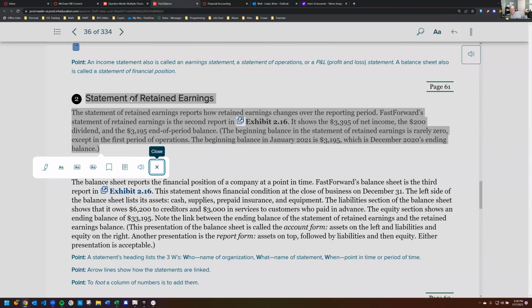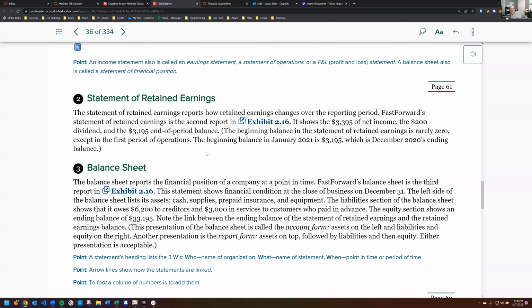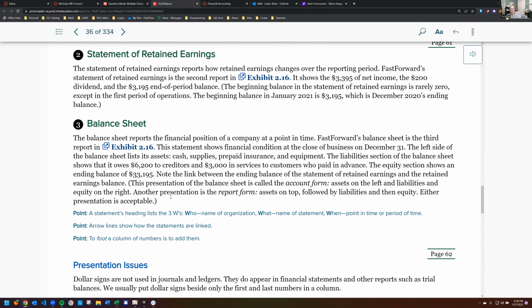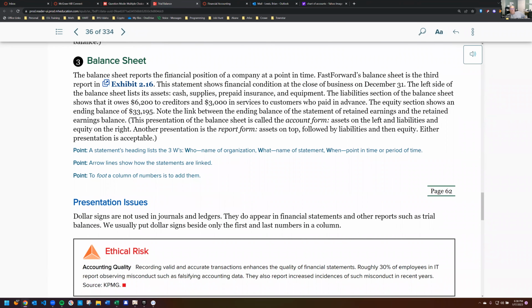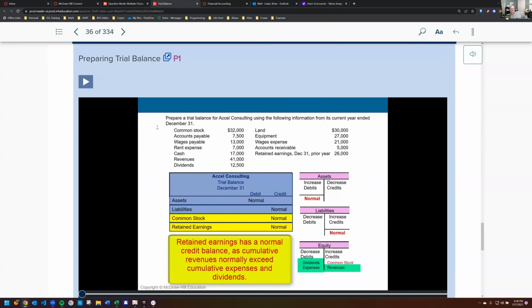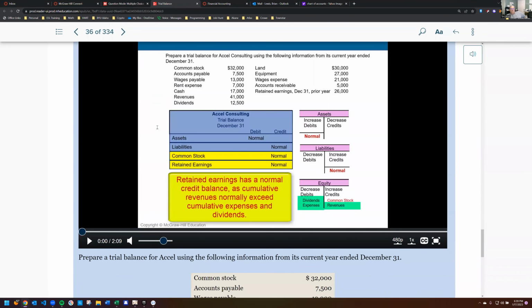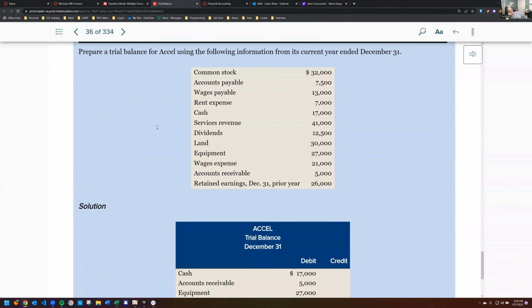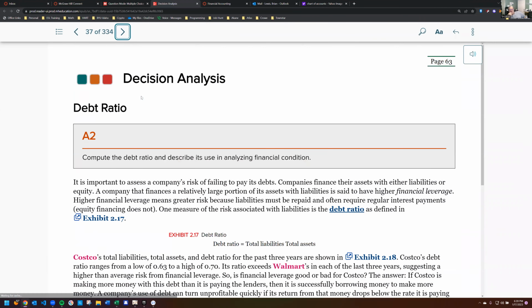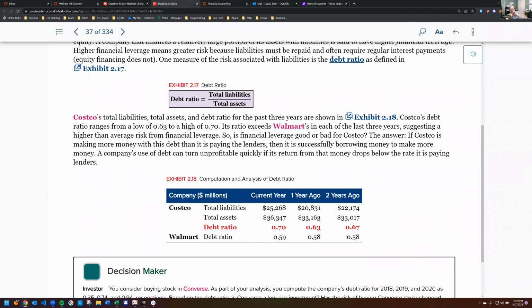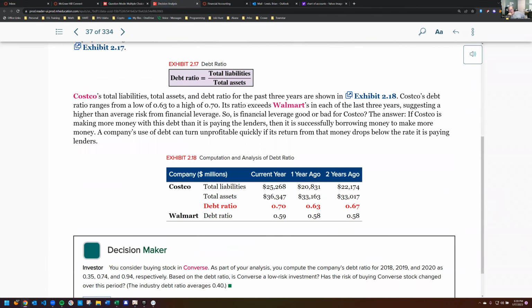This is where they talk about the statement of retained earnings, which flows into the balance sheet, or the retained earnings value flows into the balance sheet. Okay. Let's see, and then you have your debt ratio. Pretty straightforward. Total liabilities over total assets.